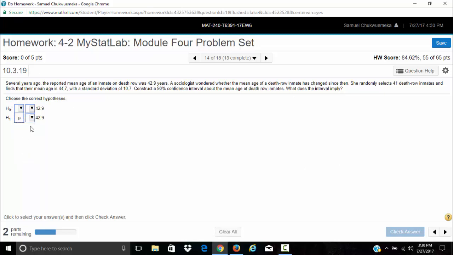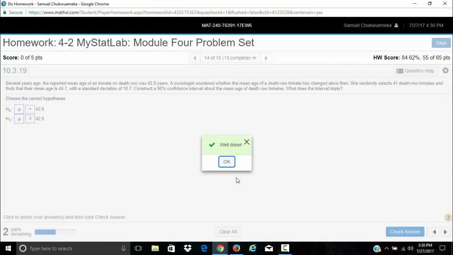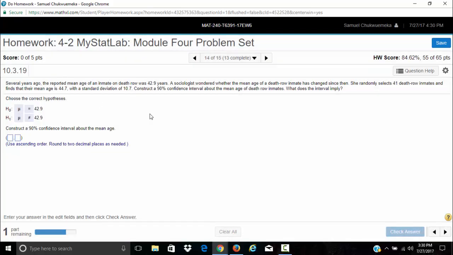So the mean is not equal to 42.9 because the sociologist wondered whether it has changed since then. So the null hypothesis will be the mean, and it has to be equal to 42.9. Okay. Check answer. Okay. Construct a 90% confidence interval about the mean age. I'm going to open up StatCrunch.